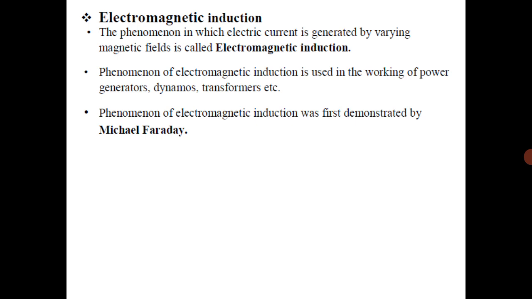Note this very important term. The question is, what is electromagnetic induction? So the answer is, the phenomenon in which electric current is generated by varying magnetic fields is called electromagnetic induction.